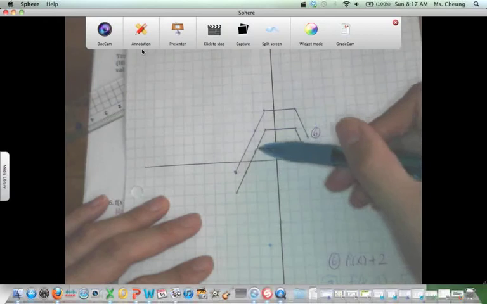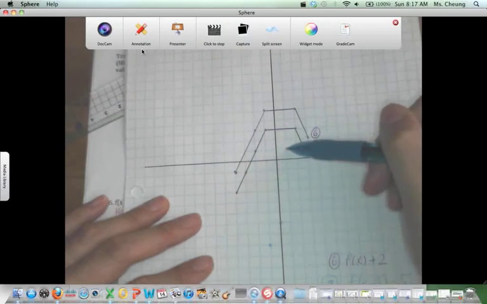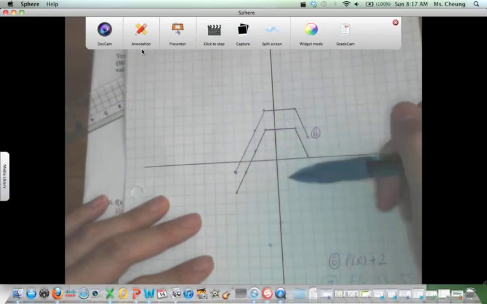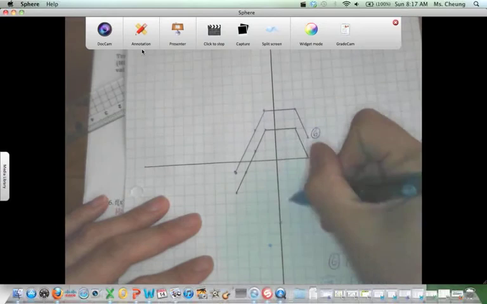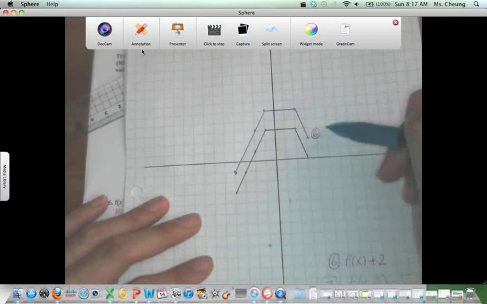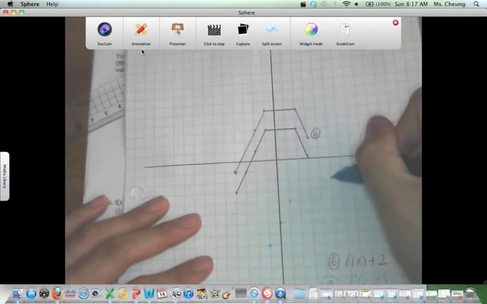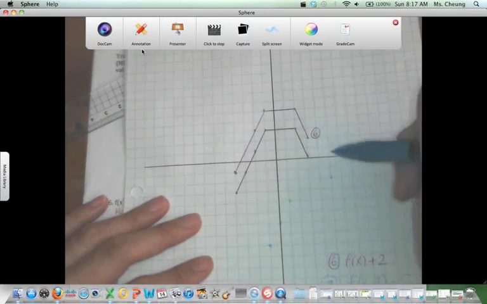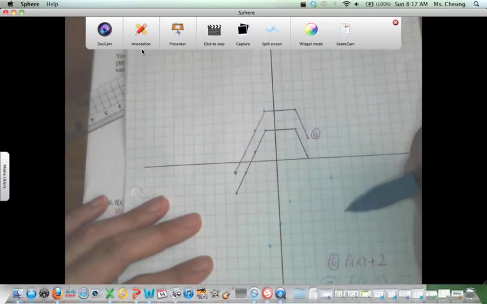Again for another point, 1, 2, 3, and then 1, 2, 3, 4, 5. And the same for the next point.